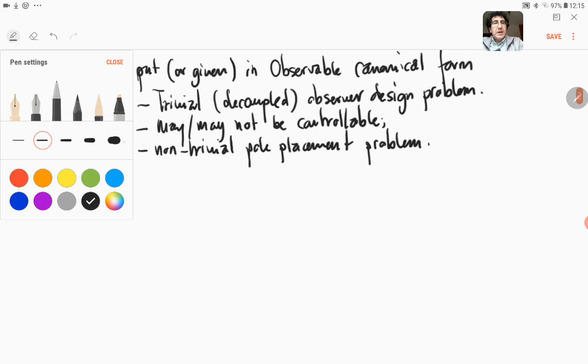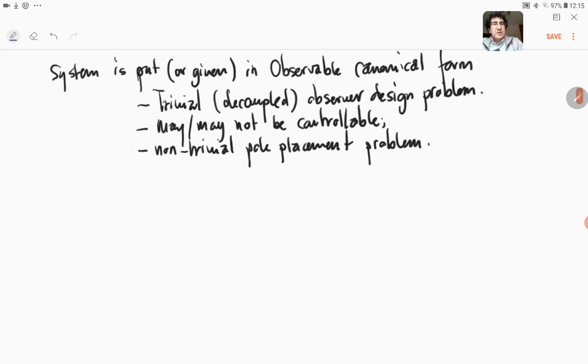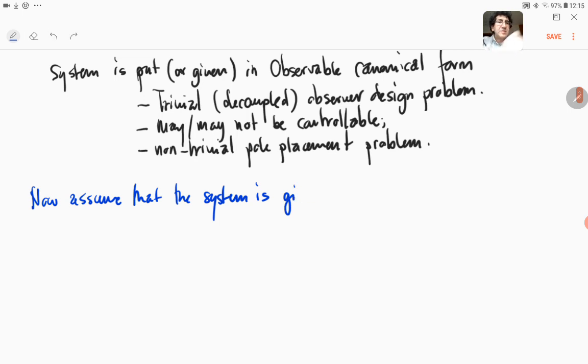Let's say that we will assume that the system is not given in a canonical form.